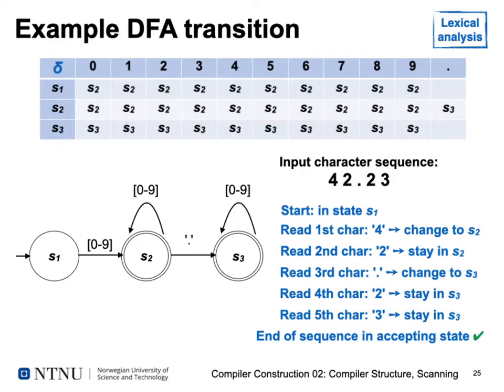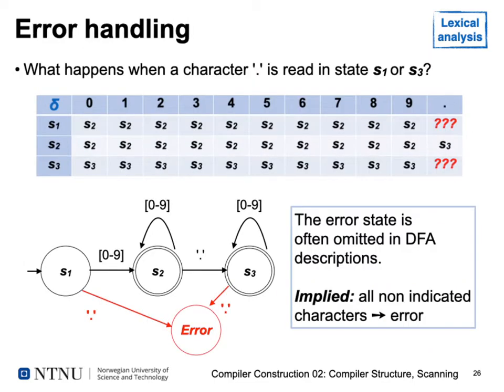Now, as we've seen, this table has some open spots here. So what happens if we are in state S1 or in state S3 and we get a dot as an input? Now that's an error.